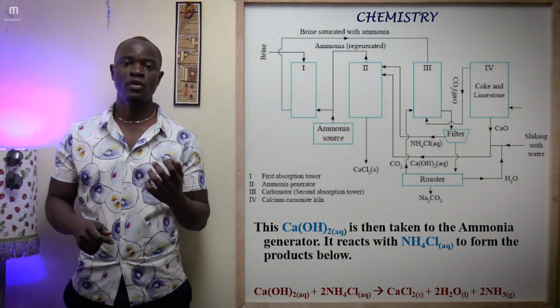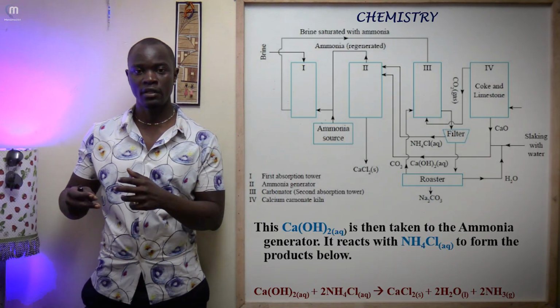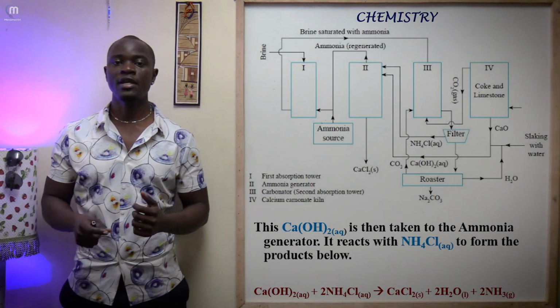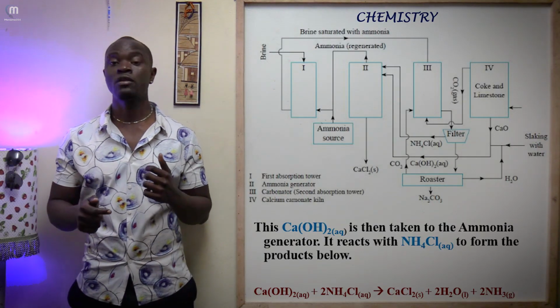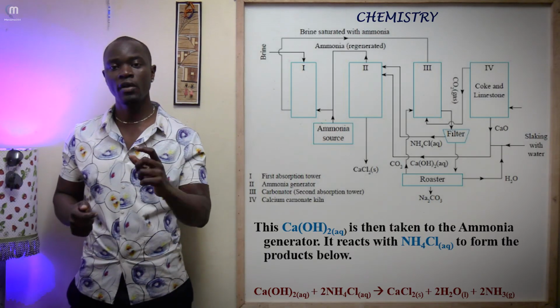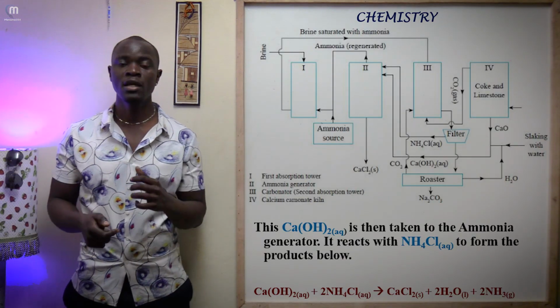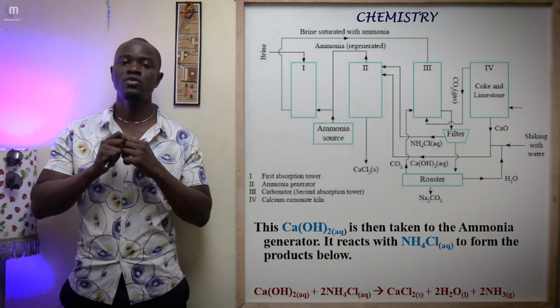So these two react: the calcium hydroxide reacts with the ammonium chloride. If these two react, you obtain calcium chloride as the only byproduct in the Solvay process. Why is it called a byproduct? Because this component is not used anywhere.